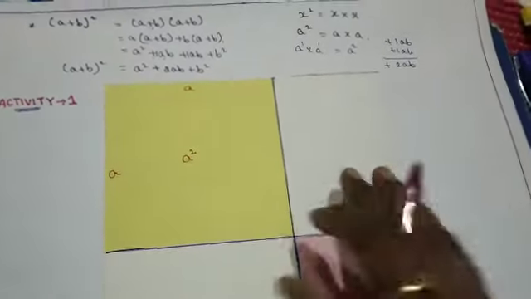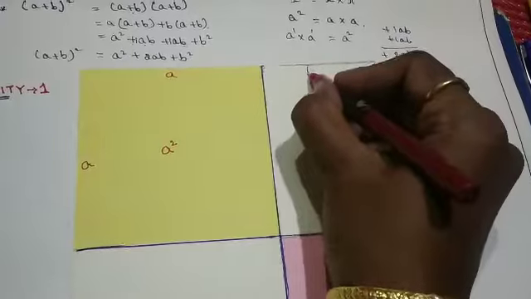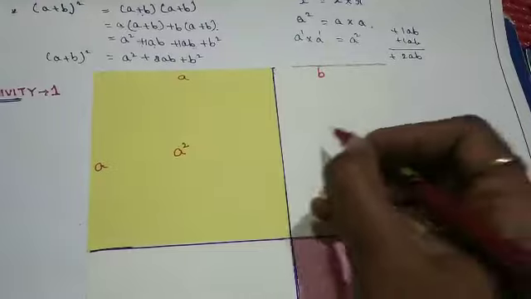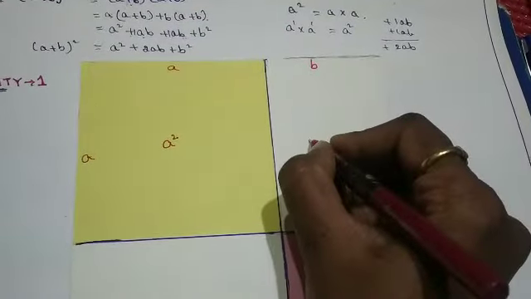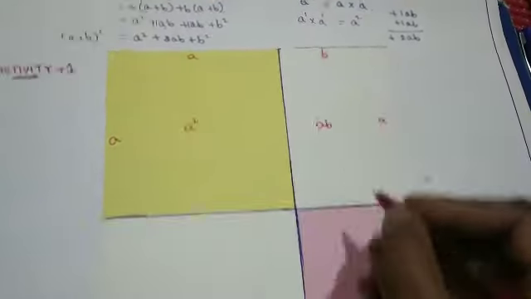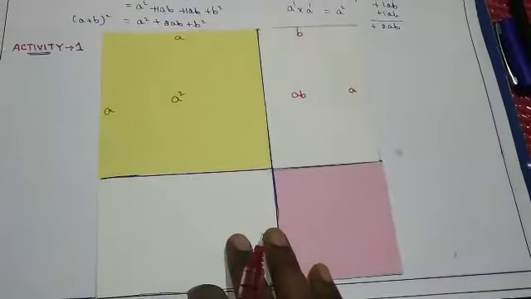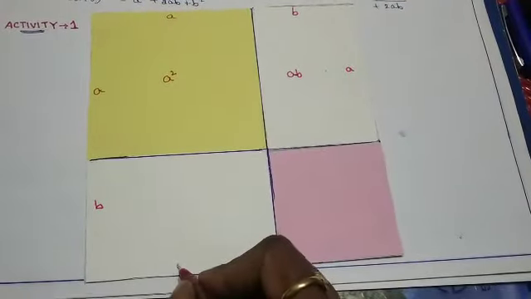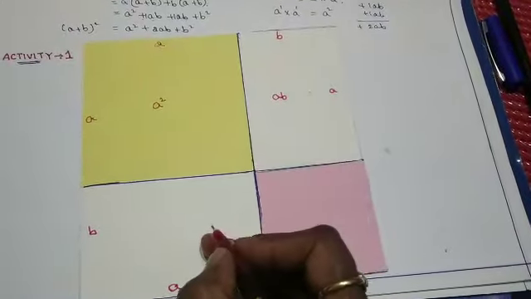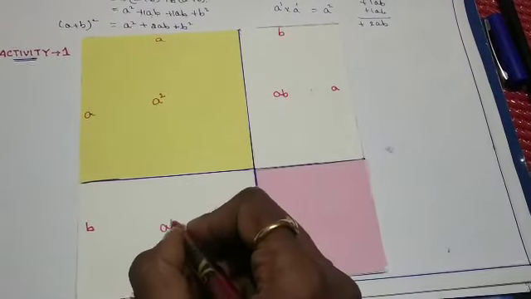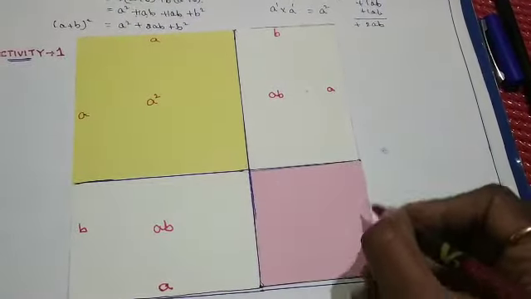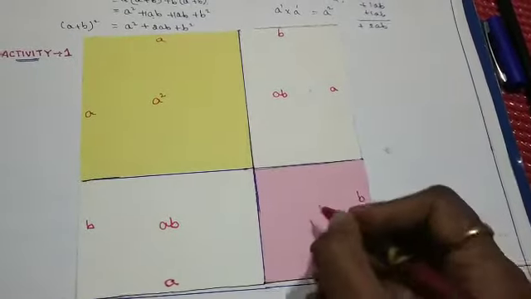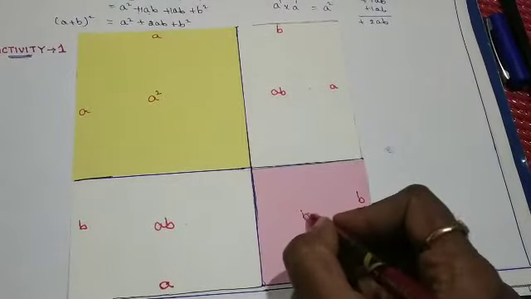The length of this I took as B, and this length was A. Then the area of this becomes, because the area of a rectangle is L into B, AB. Then the other rectangle here, this length was B and this length was A. Then the area of this rectangle becomes AB. The length of this square was B and here also it was B. Then the area of the square becomes B into B, which is B square.